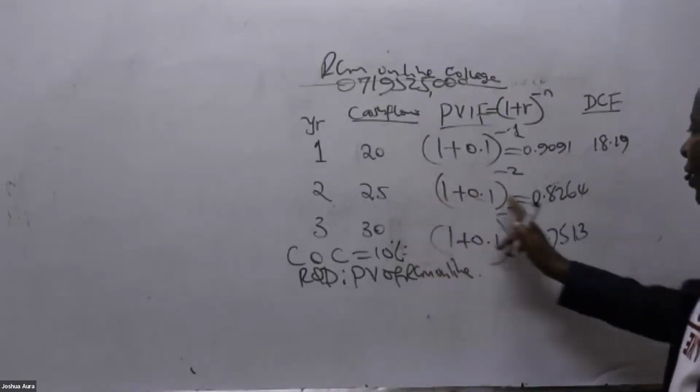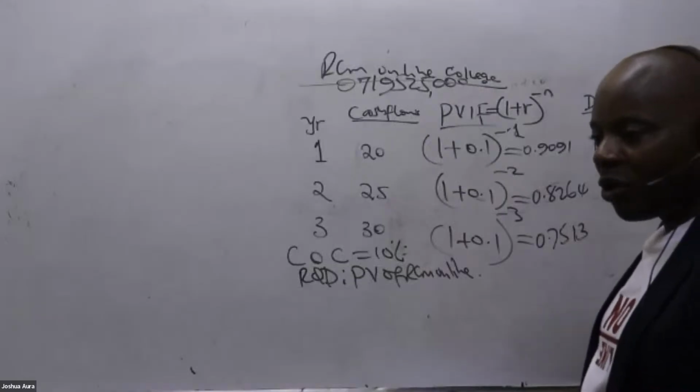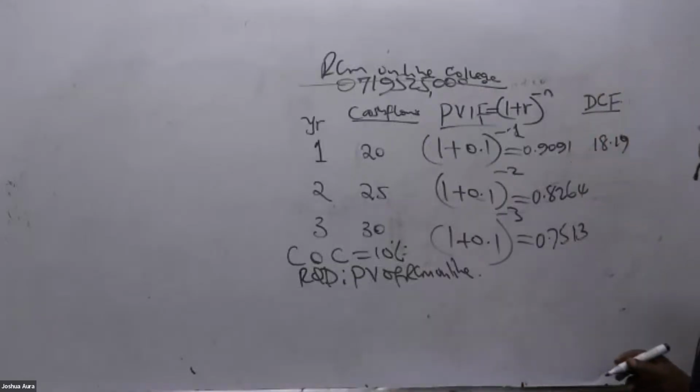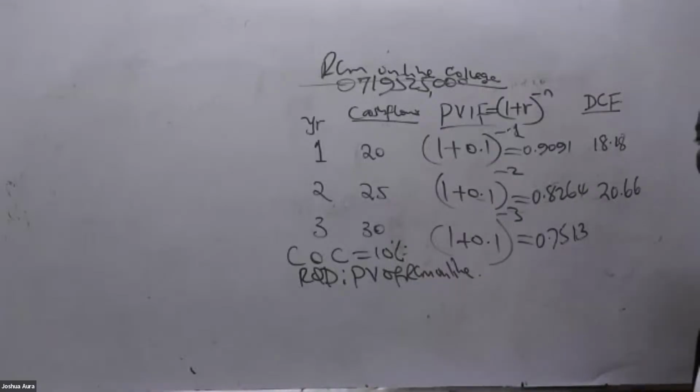How about 25 times the second one? 20.66.